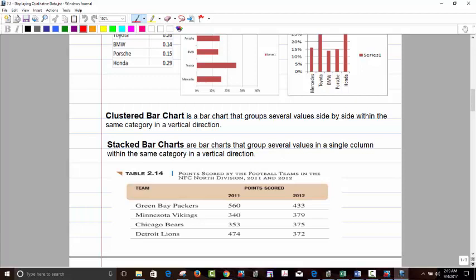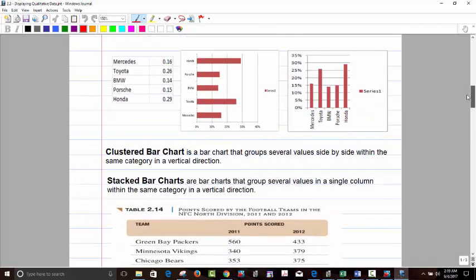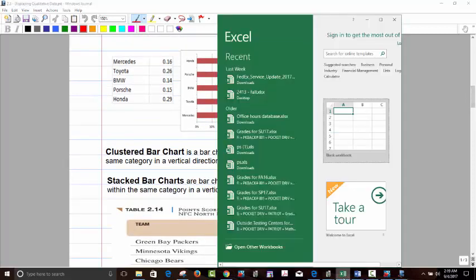And then we have stacked bar charts that group several values in a single column within the same category in a vertical direction. Both these kinds of charts will likely be presented vertically. They don't have to be, but let me come back up here just for a second.